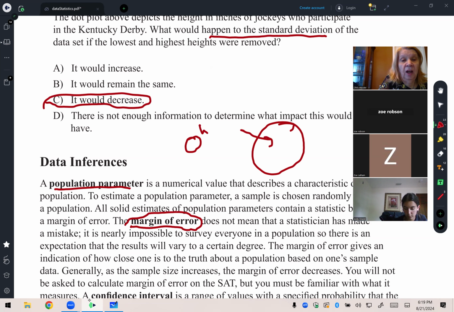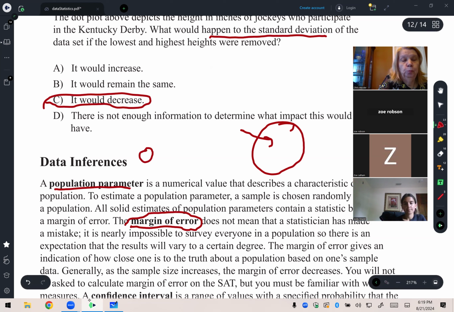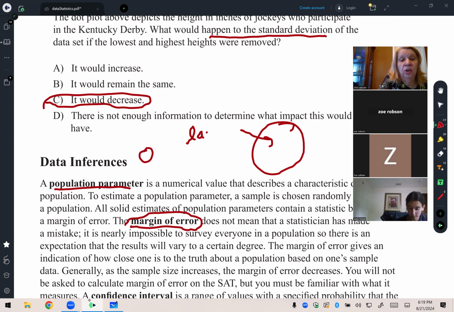So this is what you think. Wait, let me write this down. You can write it down too if you'd like. The larger the sample, the smaller the margin of error.